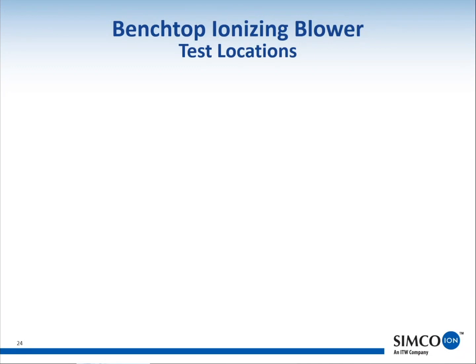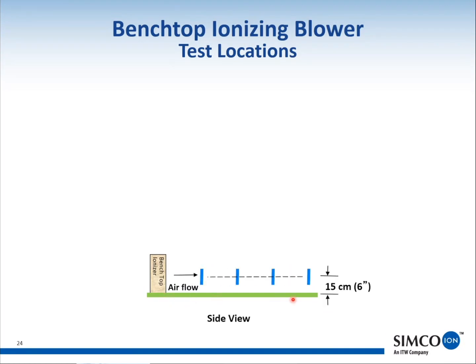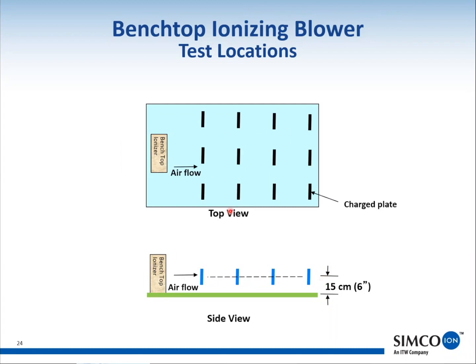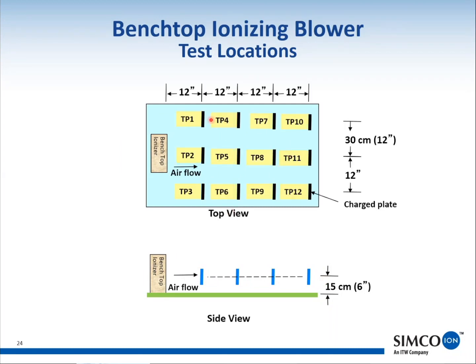So when we're doing this qualification testing, these are the different test methods that are done. Here's a benchtop blower diagram showing the green is your tabletop, and we're looking from the side. We'll place the ionizer at specific locations in front of that blower, but not only directly in front of it, but also off to the sides.